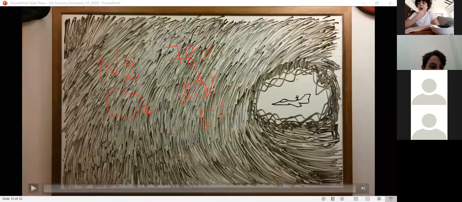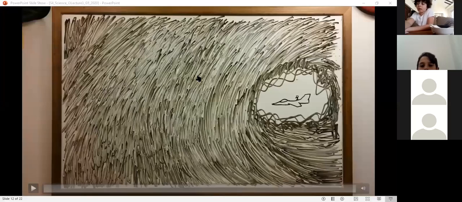So 21% of the air is made of oxygen, and we still have 1% of other gases. Okay, can you name some other gases? CO2, carbon dioxide, perfect.